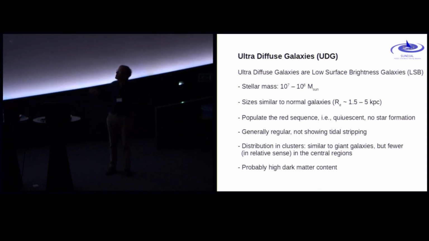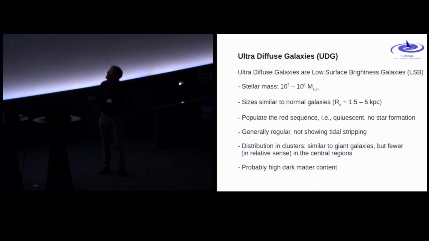They're generally reddish, so without much star formation, fairly regular, and in clusters they're distributed a bit like the rest of the galaxies, except that in the middle there's a lack of them. That's not clear at the moment why. And there are issues about dark matter content. We don't really know for sure, but there are a couple of indications that they're highly dark matter dominated in the center. But since they're so faint, observations are hard, and this is still completely under debate.